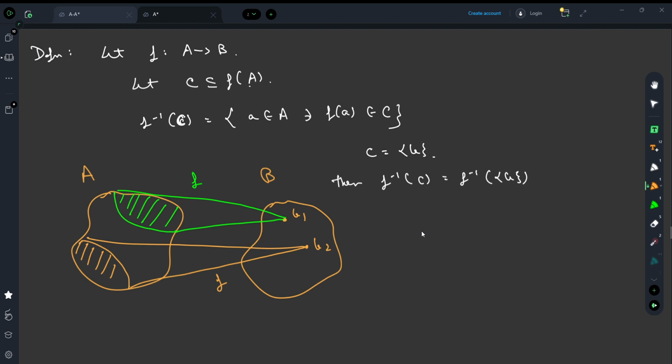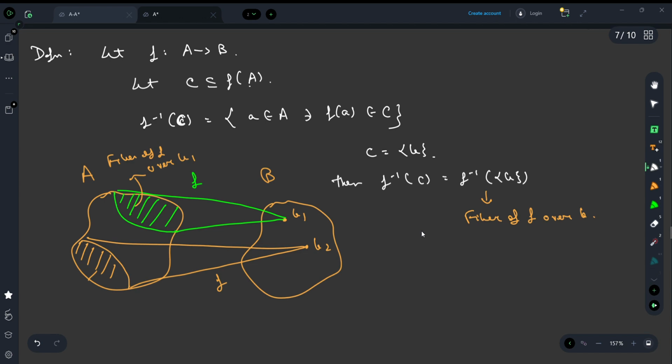So this set is the fiber of f over b1, and this is the fiber of f over b2. Clear? So fibers of a function are basically the set of elements which get projected to a single point in the codomain set. That's typically what it is.